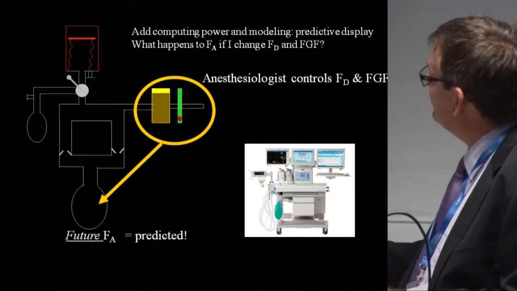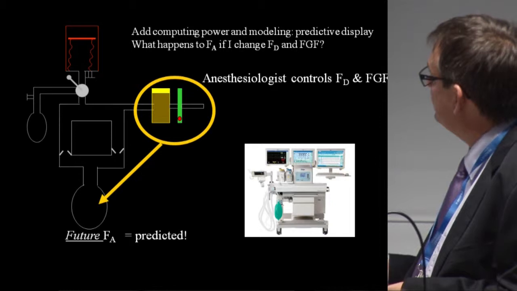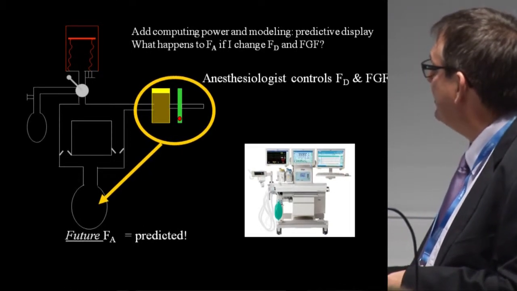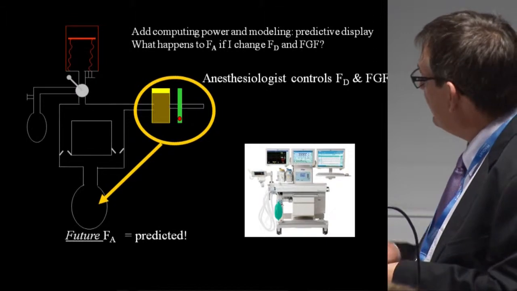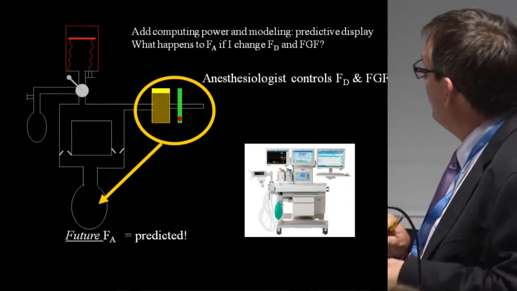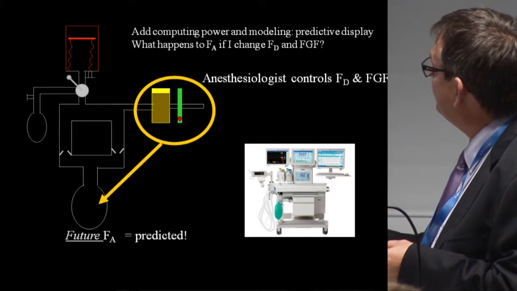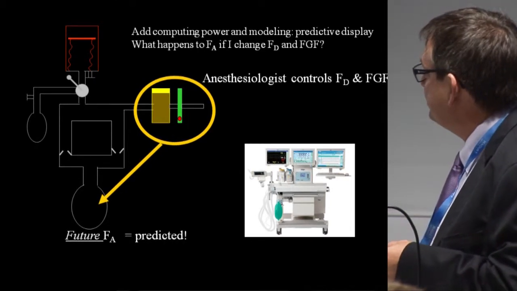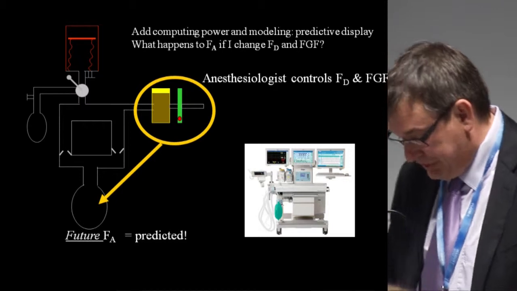So we had the vaporizers, we had the gas analyzers, add to this computing power and modeling, and you get a predictive display. Based on the settings of the vaporizer and the fresh gas flows, the computer is able to predict what the end-tidal concentration would be if we do this or that with the vaporizer dial setting or the fresh gas flow. So the anesthesiologist is still controlling the settings, and the Perseus, for example, has a predictive display.